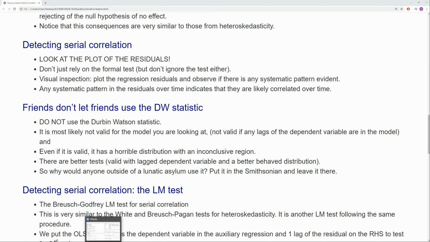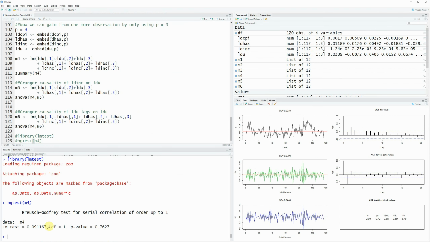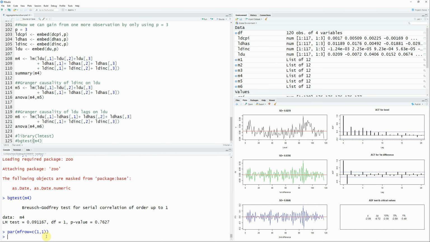So let's look at this example that we have. M4 was our best model. Let's change the parameters for the output of plots to have just one plot per pane, and now I want to plot M4 residuals, and I'm also going to use the type l line, since it's a time series so we can connect the points, why not?